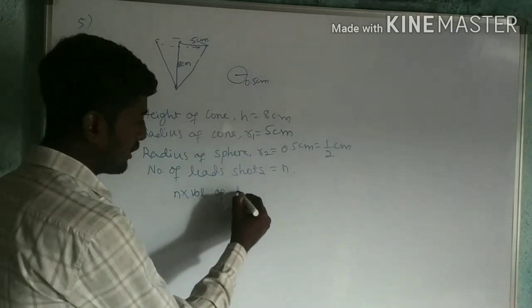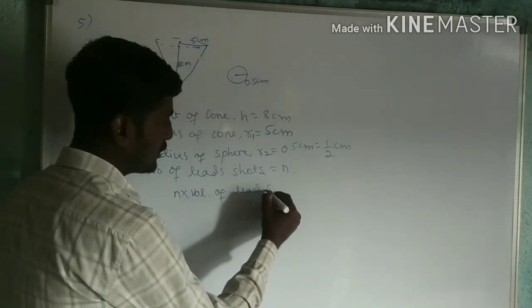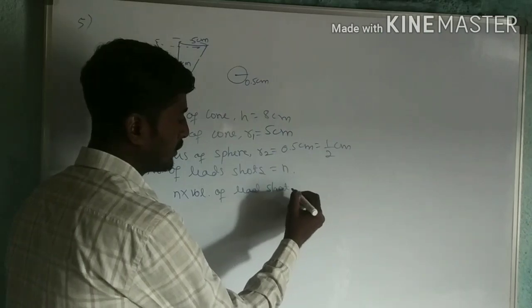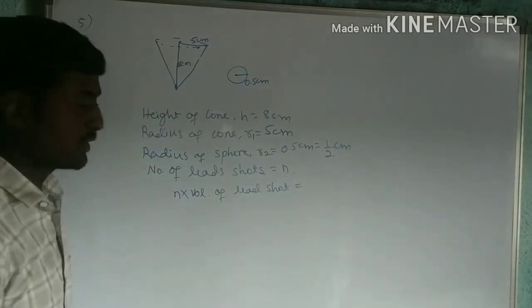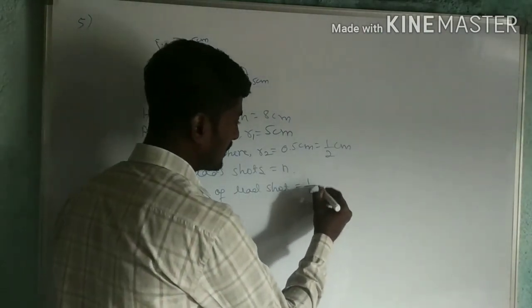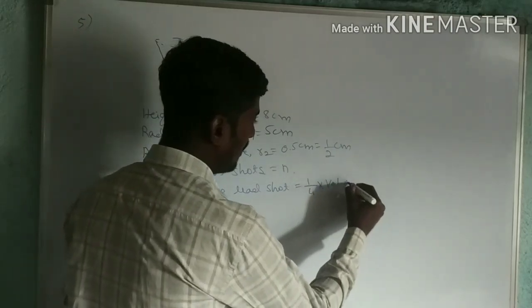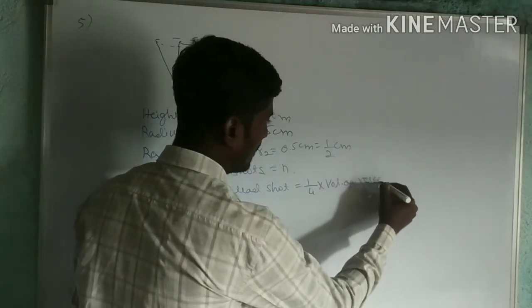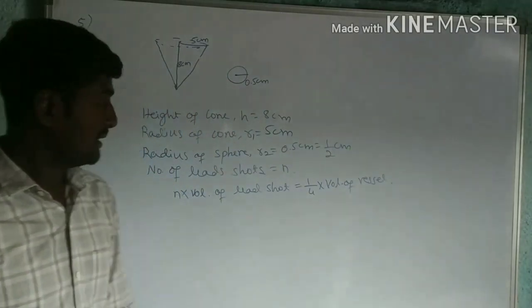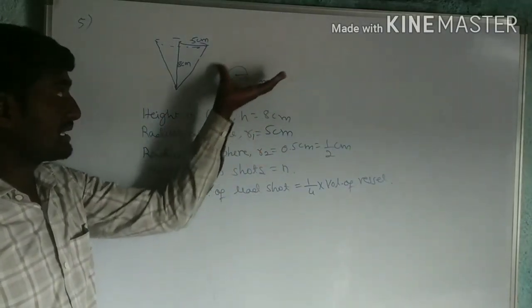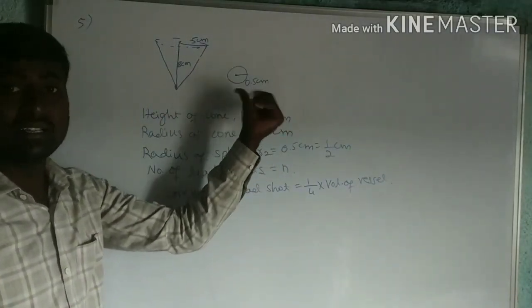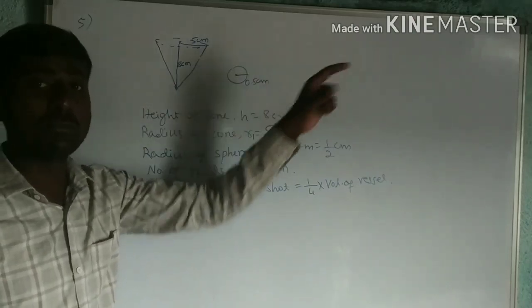n into volume of lead shot is equal to 1/4 of volume of vessel. The total volume of the spheres is the number of spheres into the volume of one sphere.